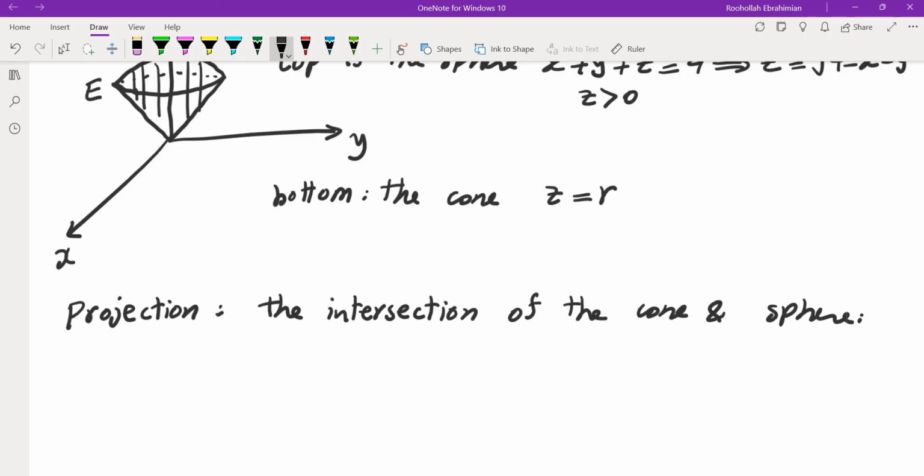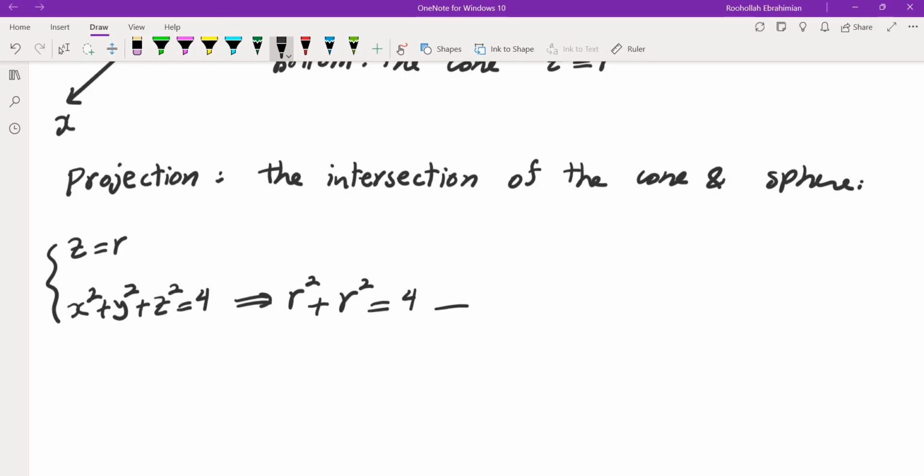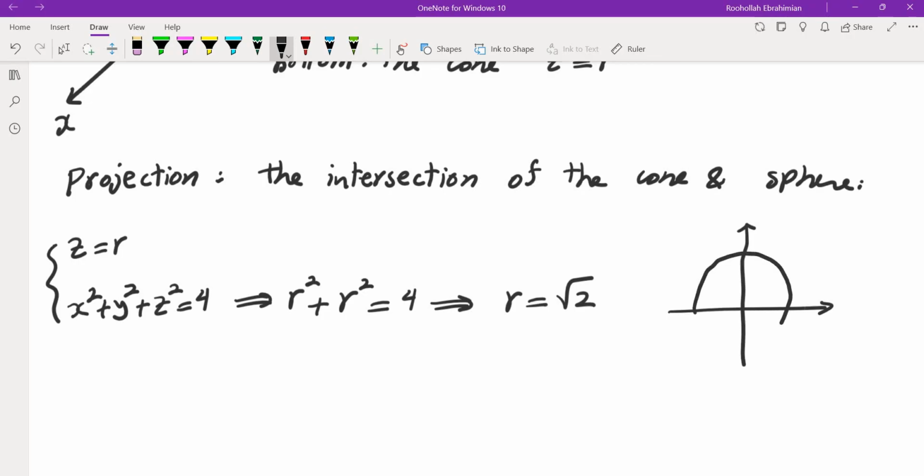So we have z equals r, and we also have x squared plus y squared plus z squared equals 4. So if I take z equals r and plug it in, I get r squared plus r squared equals 4. So that gives us r equals root 2. So the projection is in fact a disk of radius root 2. So this is the projection.